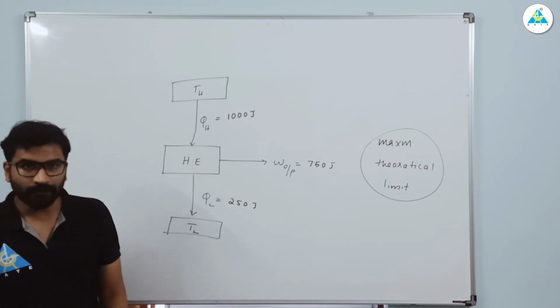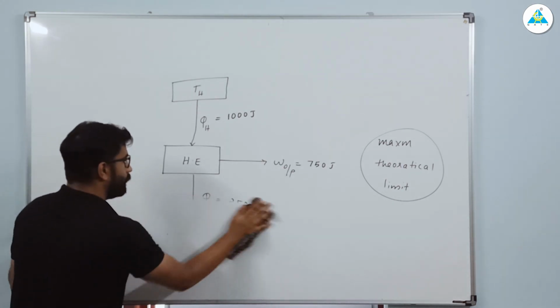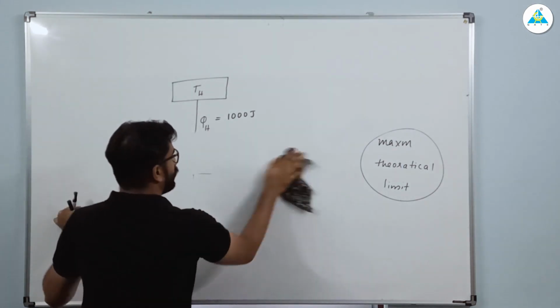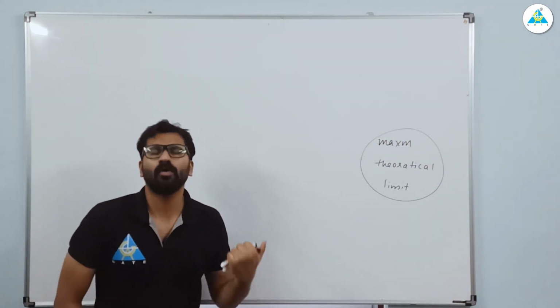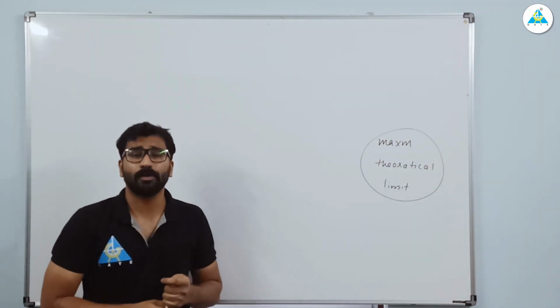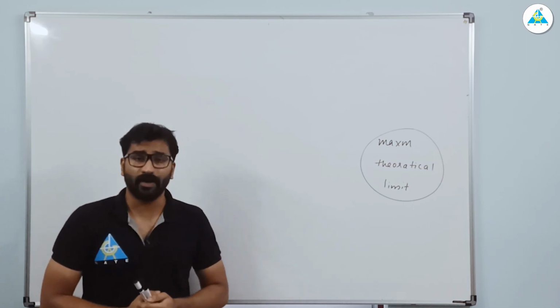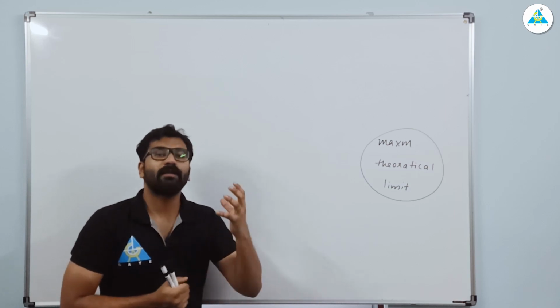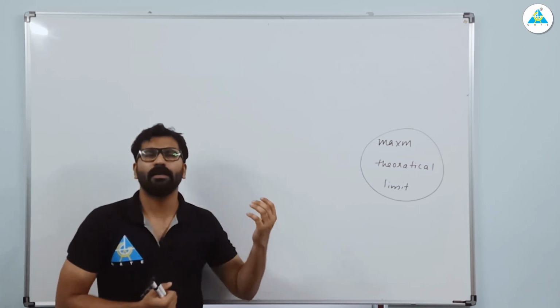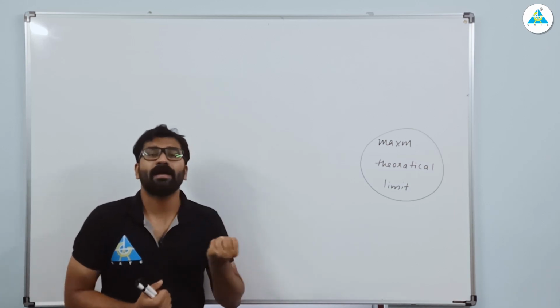Clear? Up to here it is okay? Now, these cyclic devices, which are work consuming or work delivering, when they work in reversible processes, we can get maximum efficiency.